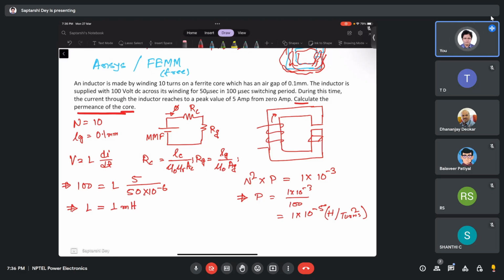If they wanted the permeance or the reluctance of the core material only, they should have given the area of the core also. Then only we could find the reluctance of the core, then segregate the two permeances. But that is not given, so this is the net permeance seen by the winding.